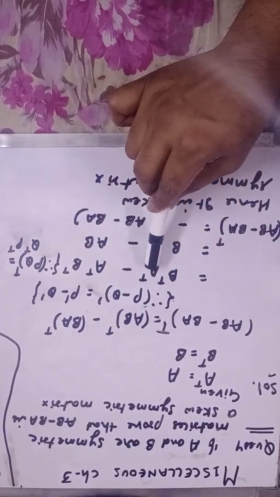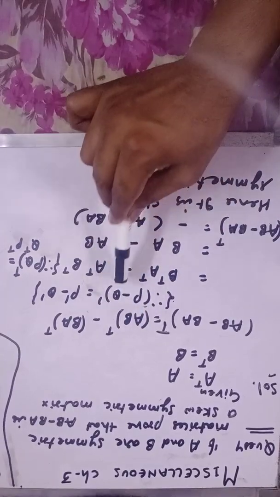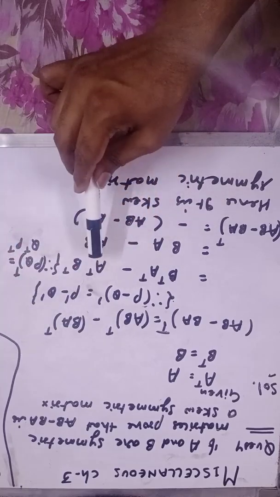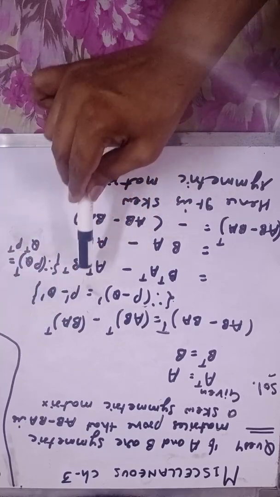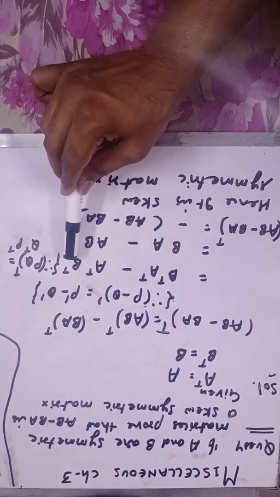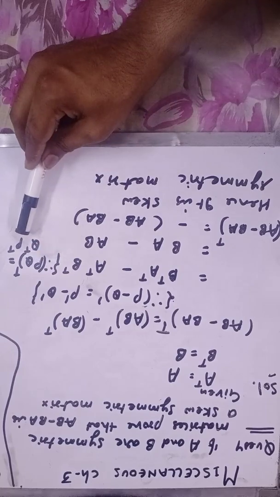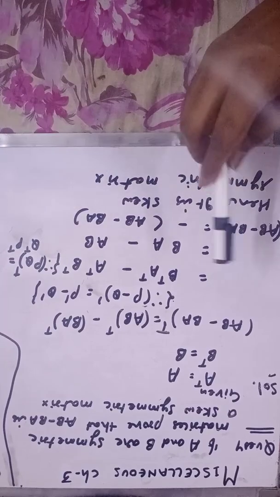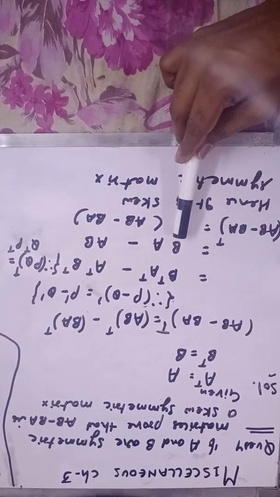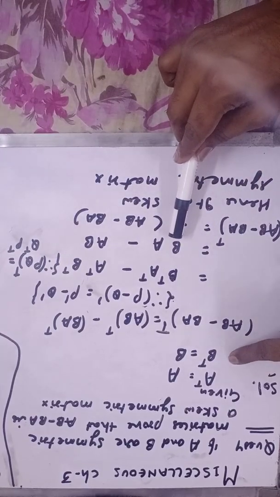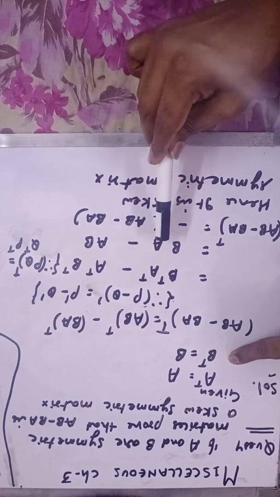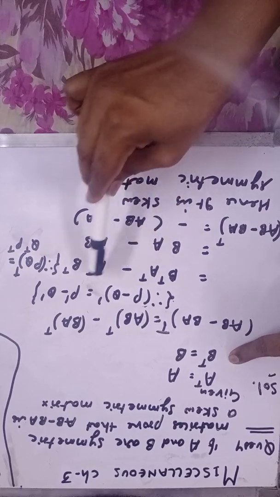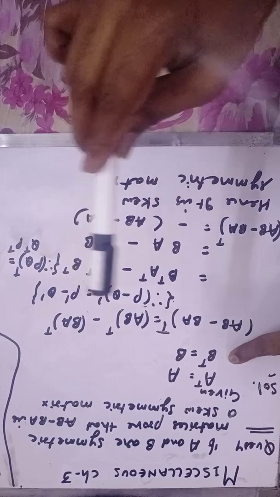Similarly, (BA) transpose can be written as A transpose B transpose. Now B transpose is B, because this is given to us, and A transpose is also A. So we get BA minus AB.